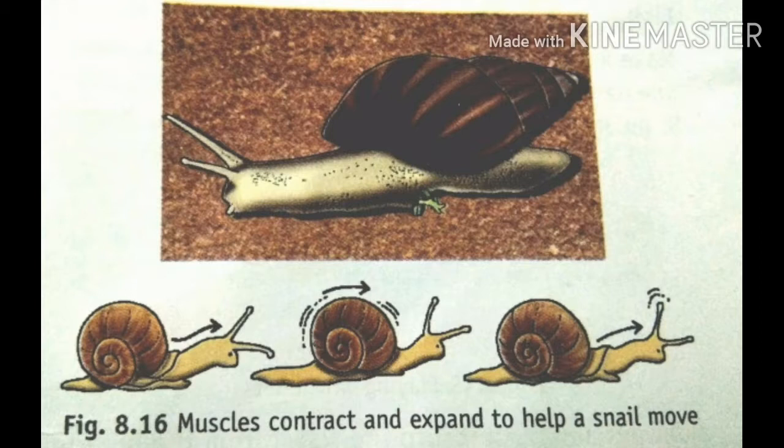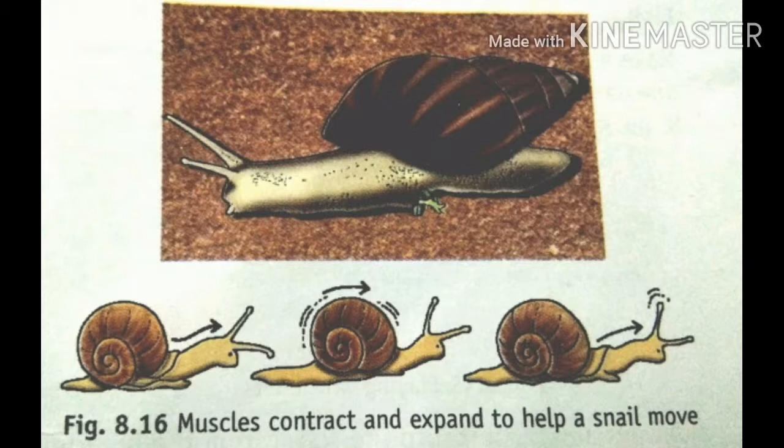The snail's foot produces a slimy fluid called mucus. It's a jelly-like substance that helps them move easily. Snail is a very slow moving animal. It has a rounded structure called the shell on its back.